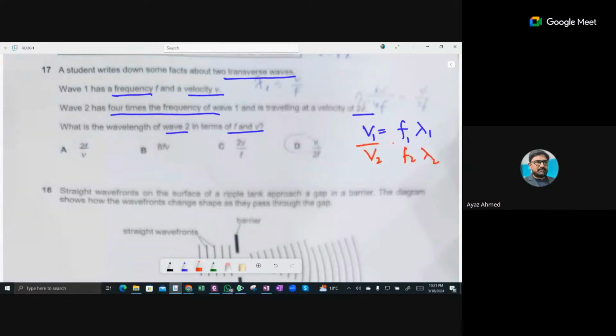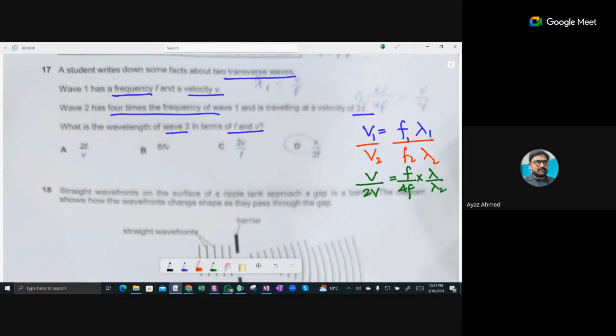Just divide them. When you divide, v1 is v and v2 is 2v. Then f is f for wave 1 and for wave 2 it is 4f. Are you getting this? And lambda for wave 1 is lambda, and we have to calculate lambda 2.